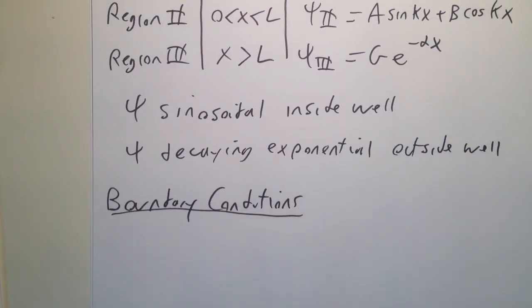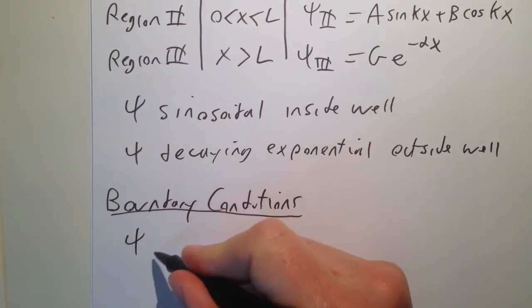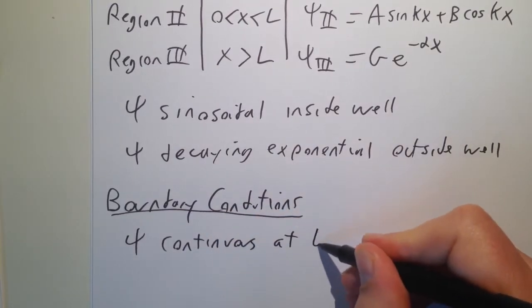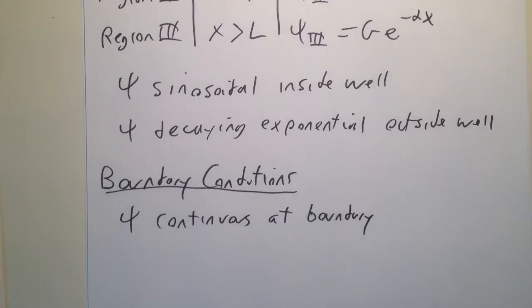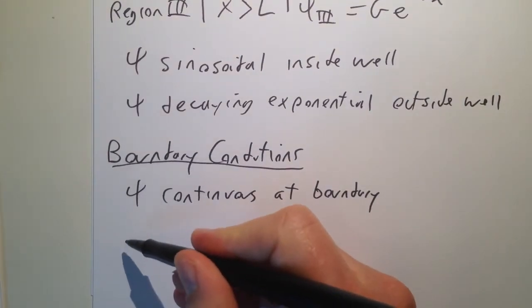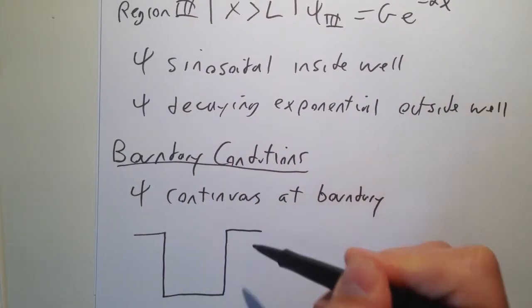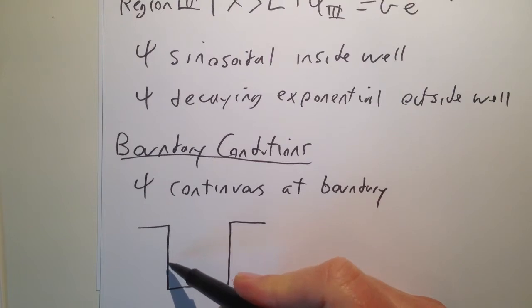So in terms of the boundary conditions, the first rule is that a wave function has to be continuous. And so at the boundary, the wave function has to be continuous. So what does that mean? Let me draw a few pictures. That means that inside the well, we're going to have solutions that are some type of sinusoidal function.